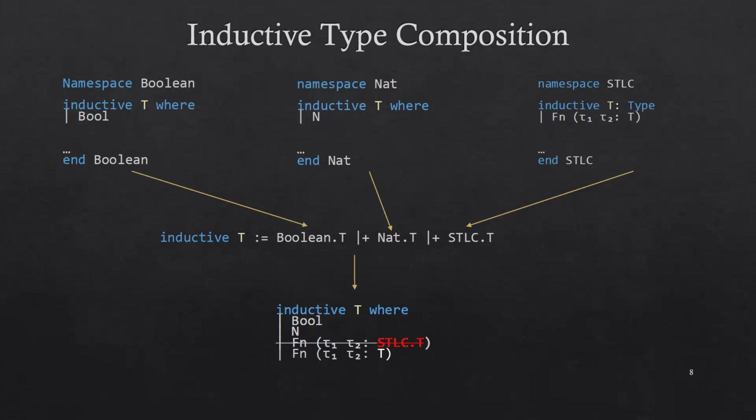One thing to notice here is if we're just copying the constructors from each of the three, we'll have the types of tau1 and tau2 here to be stlc.t, while actually what we need is to rewrite this into the new type t. So this is something that needs to be done while doing this composition.